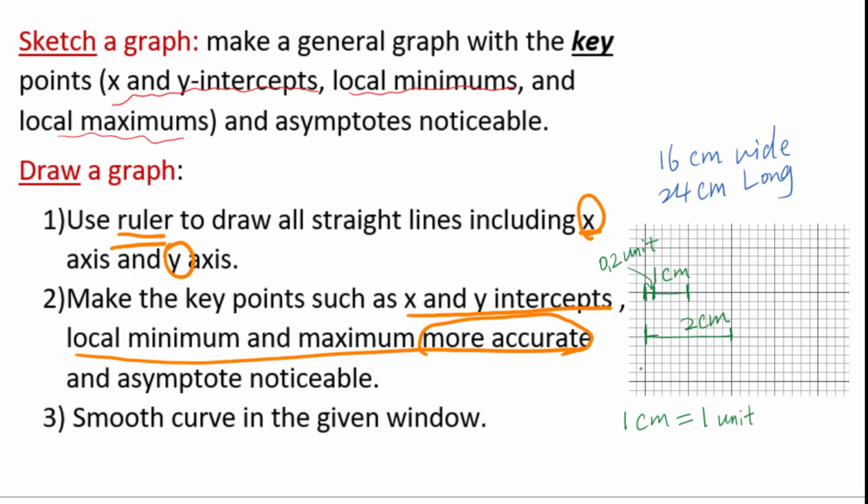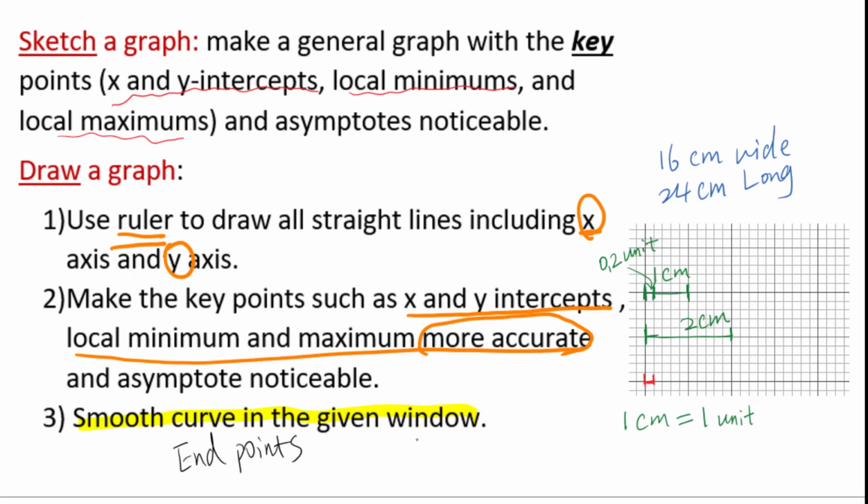When you draw a graph, you have to calculate this small unit. Drawing a graph also means you have to draw a smooth curve in the given window, so you have to figure out the end points.